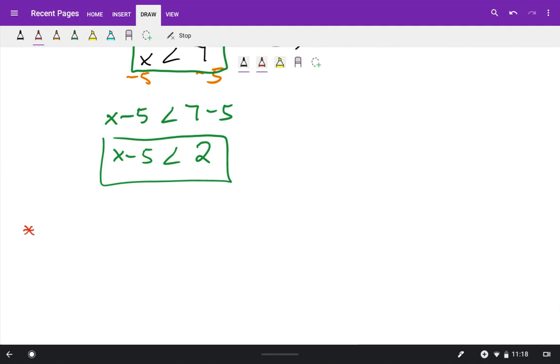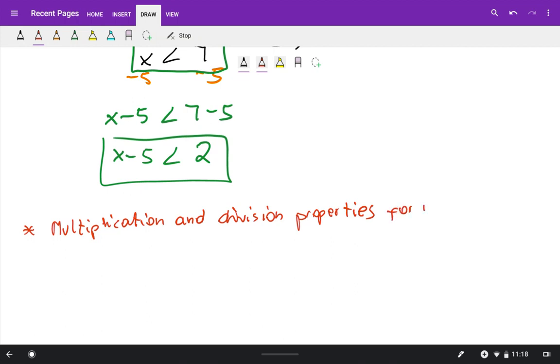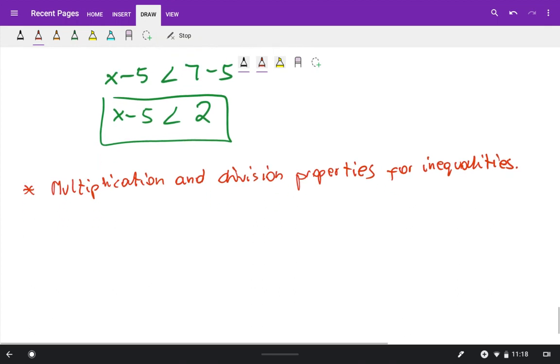So multiplication and division properties for inequalities, of course. Okay, you can multiply. So let me write a note for you.